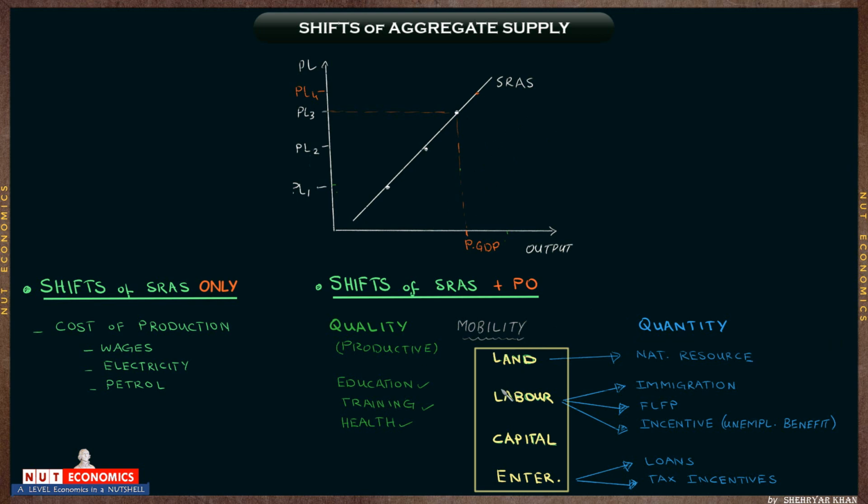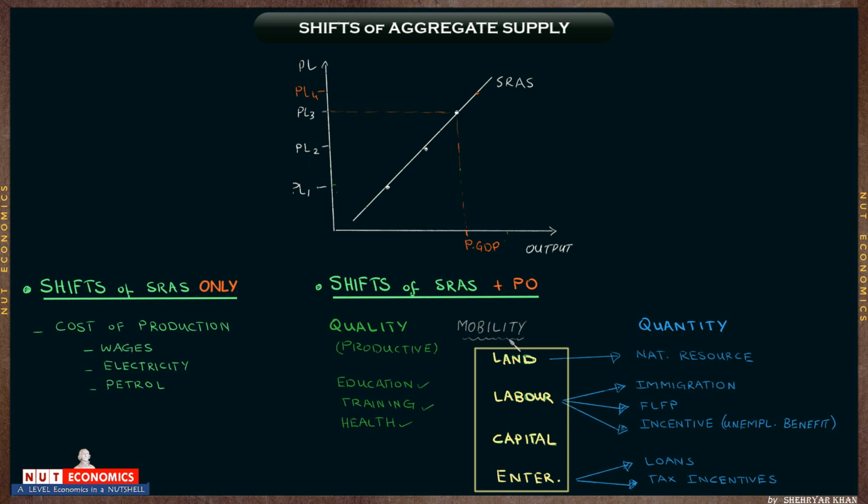Now what do we mean by mobility of resources? Again, think about labor, the workers. If in your country the road networks improve, public transport improves, air travel and the number of flights increase, then this is where we say that your labor in the country will become more geographically mobile.